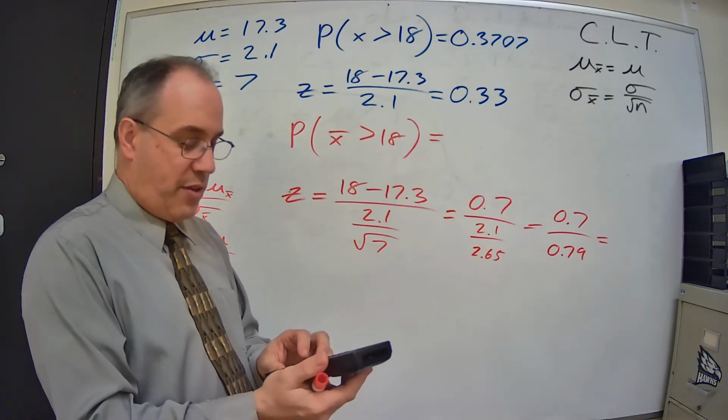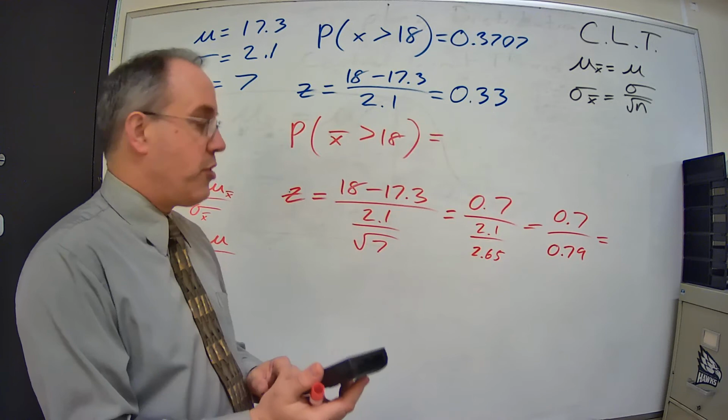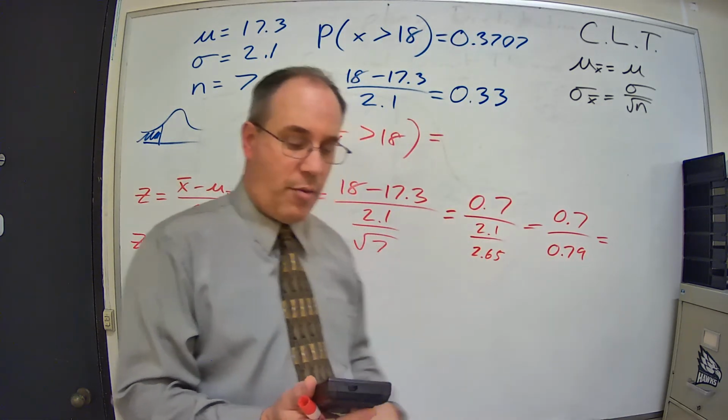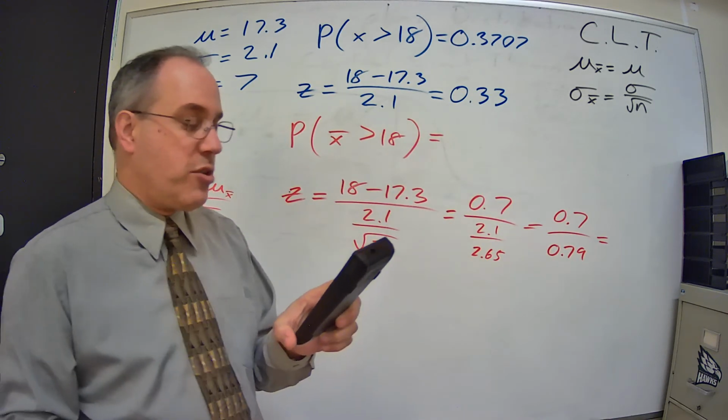So 0.7 divided by 0.79, and again, I'm keeping the full value, so your number may come a little bit off, is approximately 0.88.